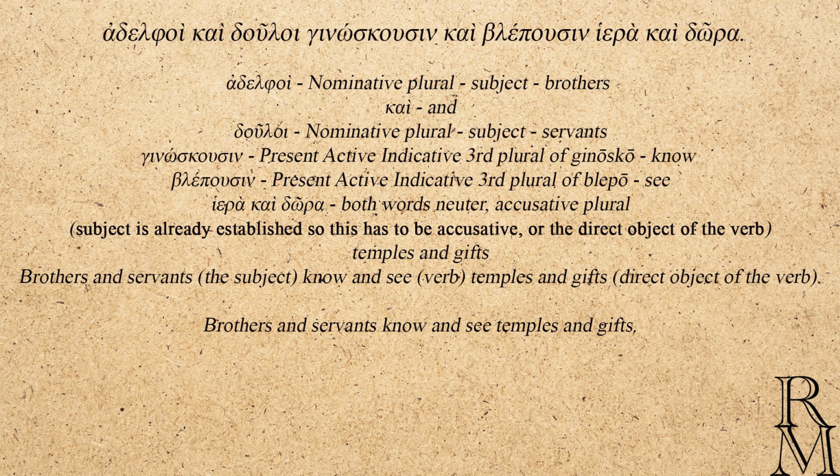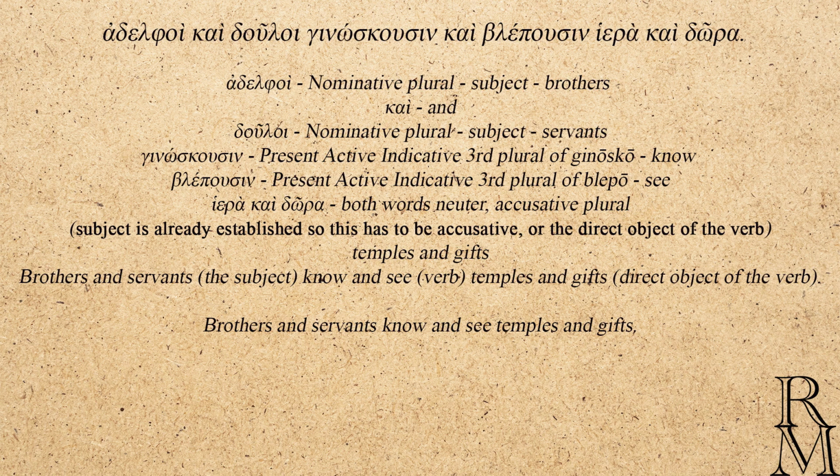We look at douloi. We'll notice that that is also a nominative plural, which makes it also a subject, and it is translated as servants. So Adelphoi kai douloi, brothers and servants. Then you move to ginoskousin. Ginoskousin is the present active indicative, third person plural of ginosko, which is know. And in this case, since it's the third person plural, it's they know.